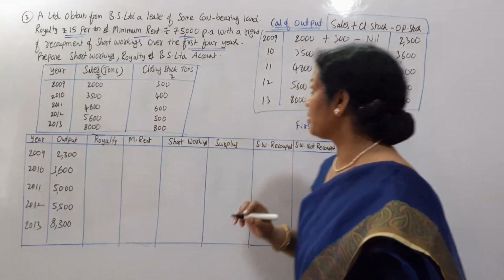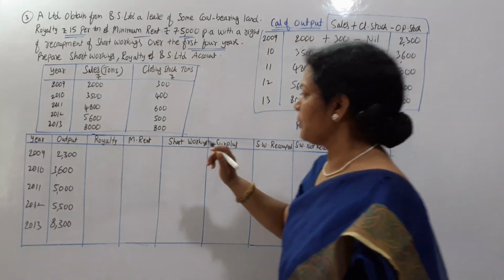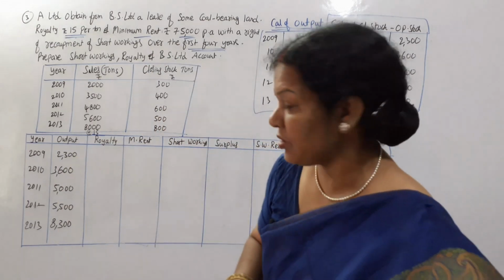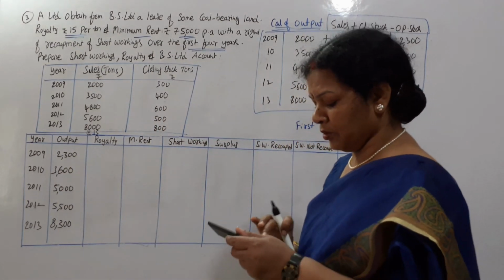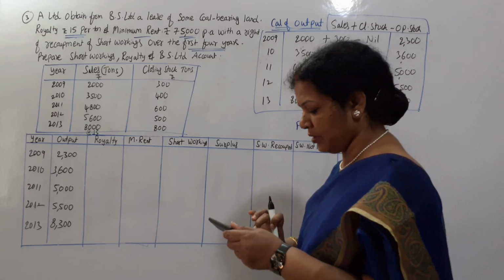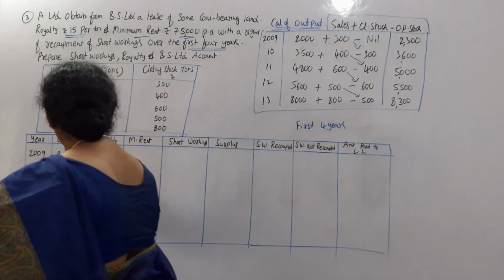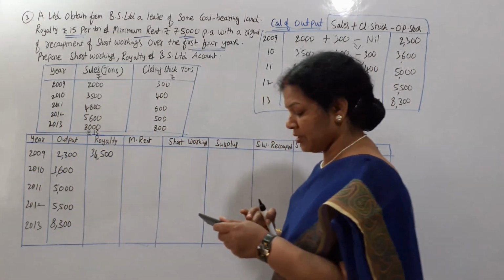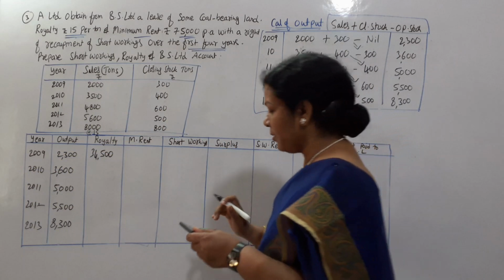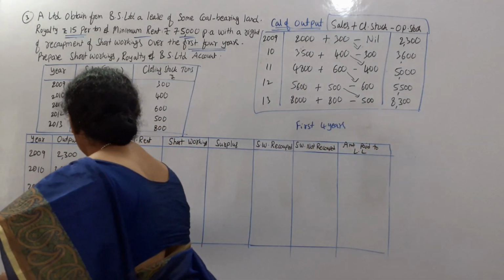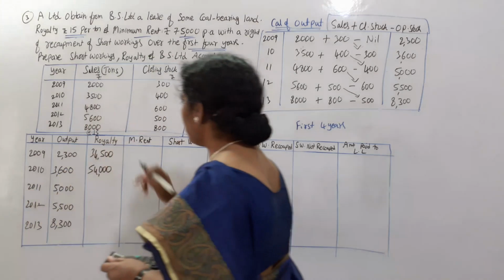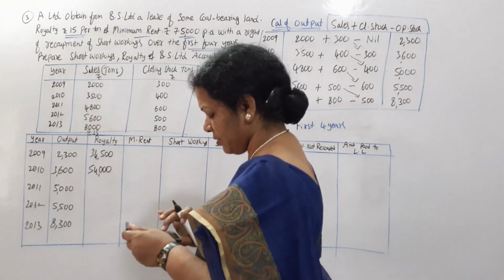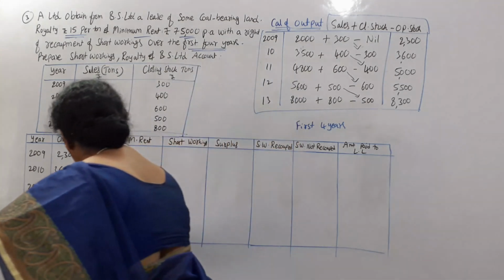Right. Now royalty at the rate of 15 rupees. Let me use the calculator. 2,300 into 15 is 34,500. In the same way, 3,600 into 15 is 54,000. 5,000 into 15 is 75,000.